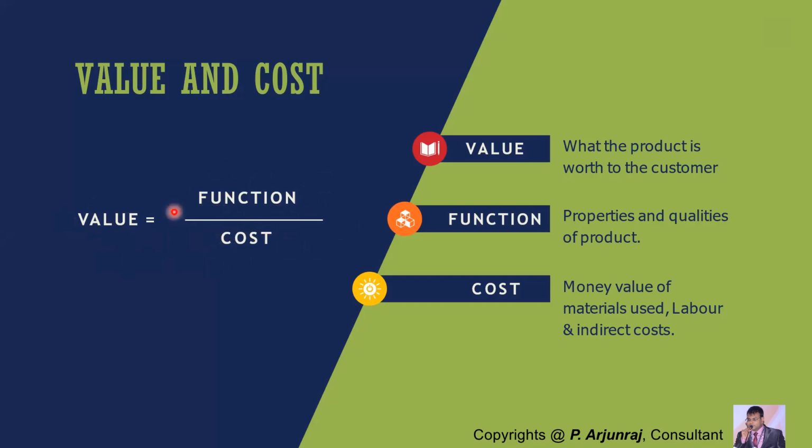So this value is defined as a ratio between the function to that of the cost. So what is function? Function is nothing but the properties and qualities of the product. That's what I was mentioning as a requirement. So the requirement should meet all the expected parameters, which is nothing but the expected properties, and then the expected quality of the particular product.